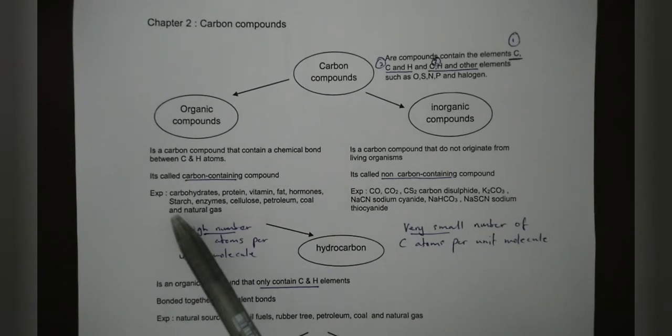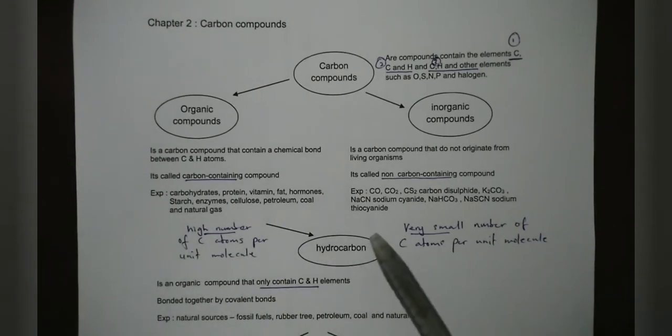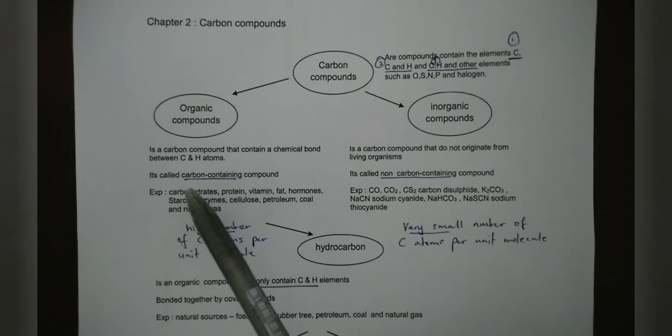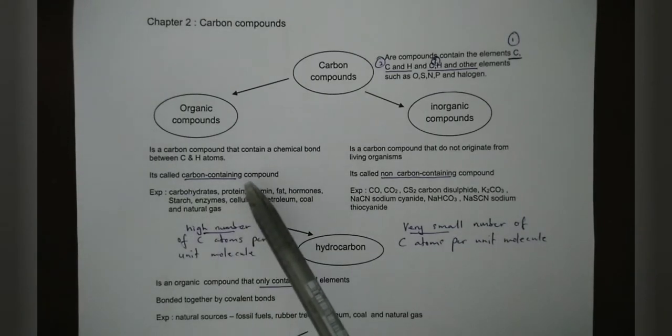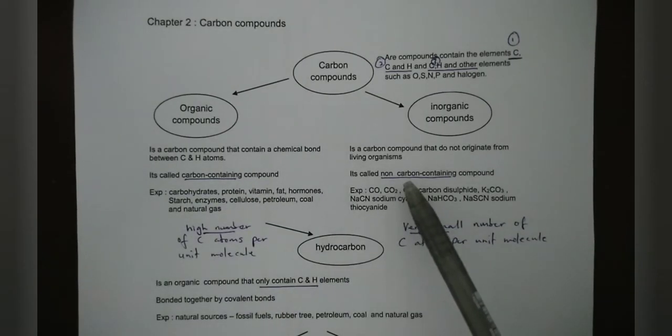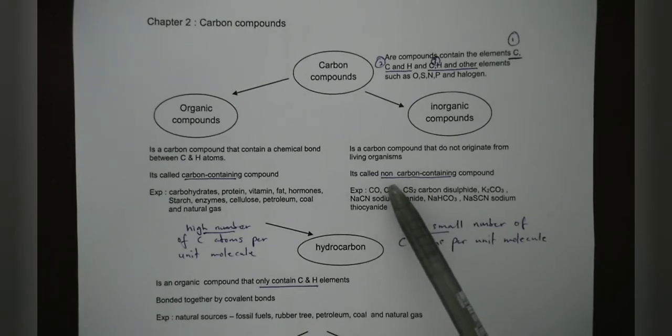Example of organic compound, you can look a few example here, and the example for inorganic compound we can look here. Organic compound is called carbon containing compound, but inorganic compound is called non-carbon containing compound.